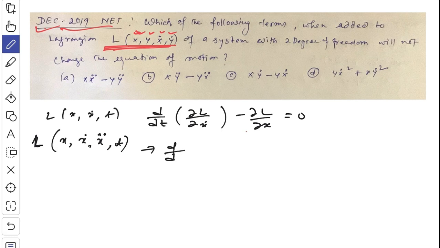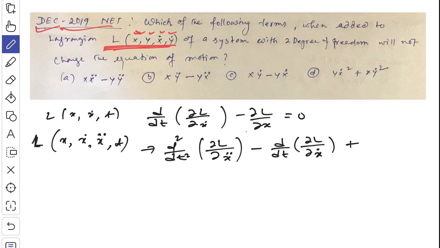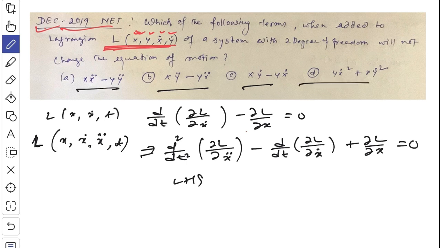In that case, it is second derivative of del L by del x double dot, minus d by dt of del L by del x dot, plus del L by del x. So on the left hand side, we will put the options one by one, and whichever satisfies this equation is going to be the answer.